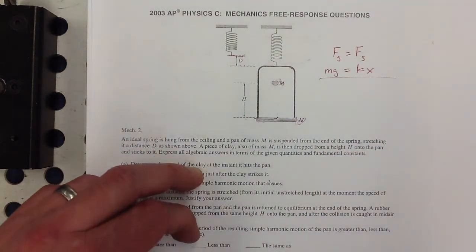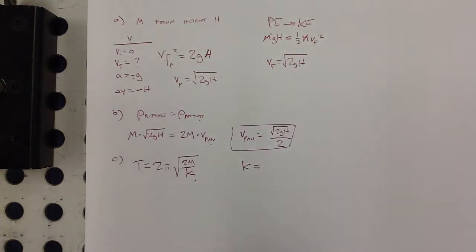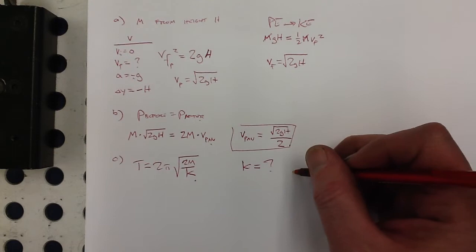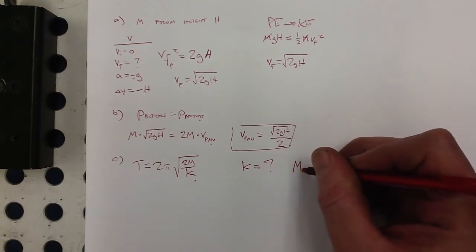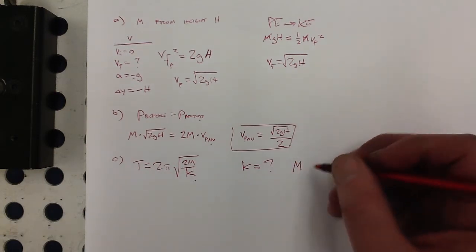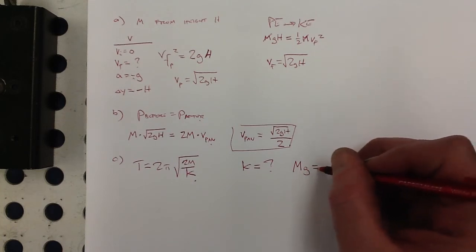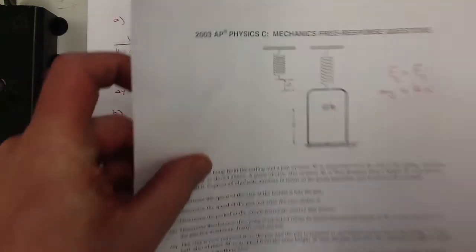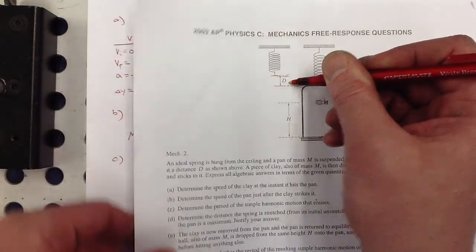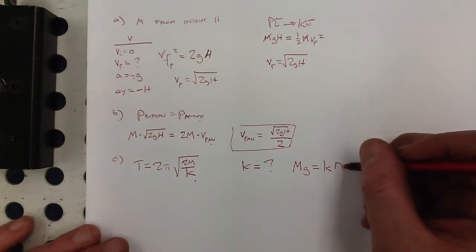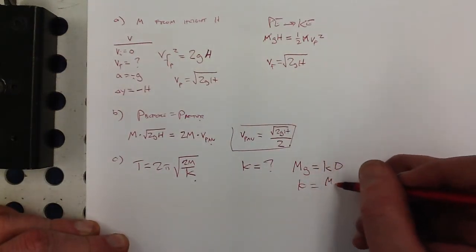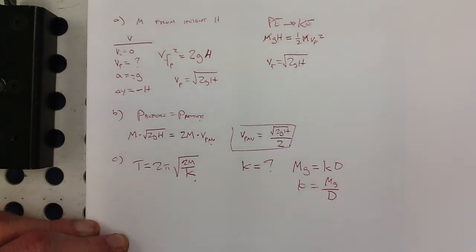All right, so let's set that up. We know that mg, and m is the mass of the pan, not with the clay on it yet, right? g is equal to k times the distance that it got stretched, which was d right there. So k is equal to mg over d.